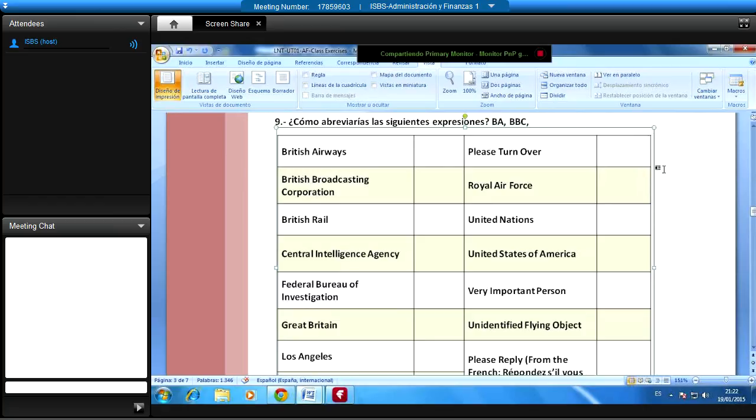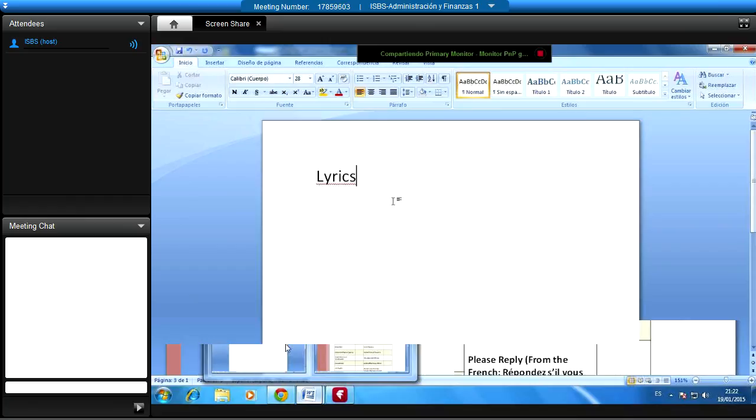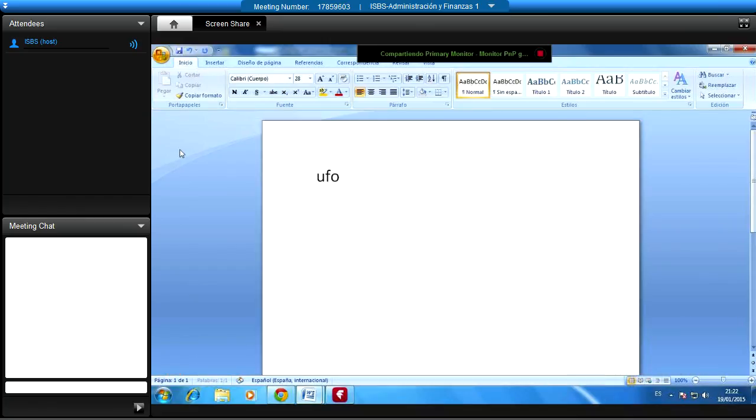UFO. Sometimes acronyms, normally you read letter by letter, but sometimes they have become a word. So, for example, UFO, you can write like this or like this. UFO, la ufología, ¿sabes lo que es la ufología?